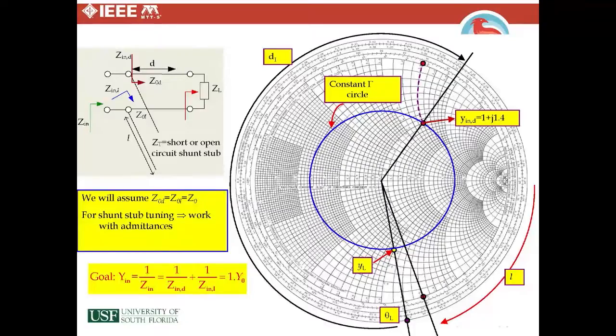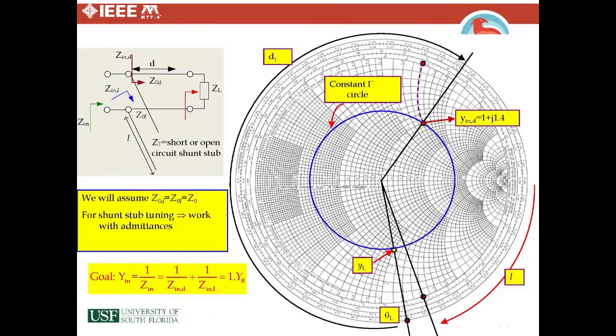If we look at the value of the coordinates of that point, it turns out the admittance is 1 plus j1.4. So we need a stub that will give us a minus 1.4 susceptance.